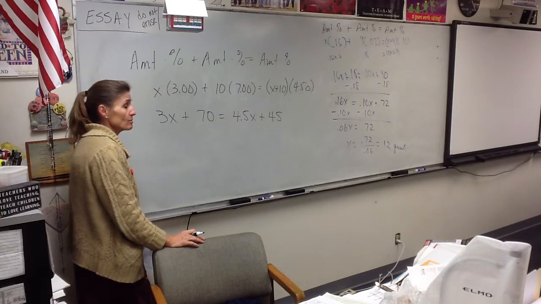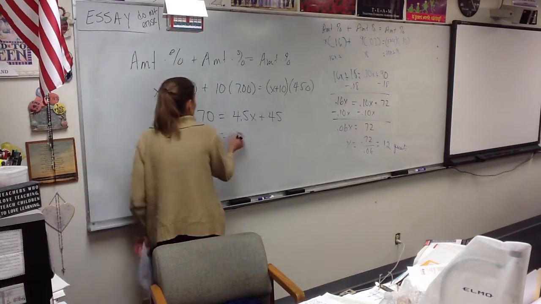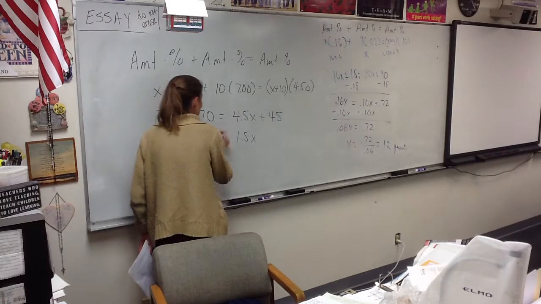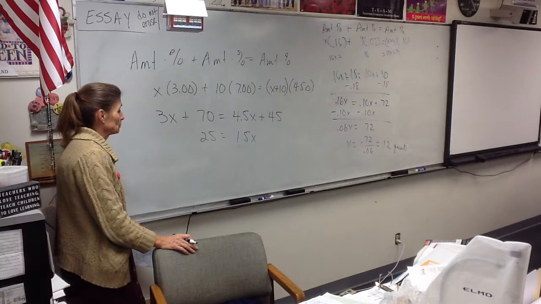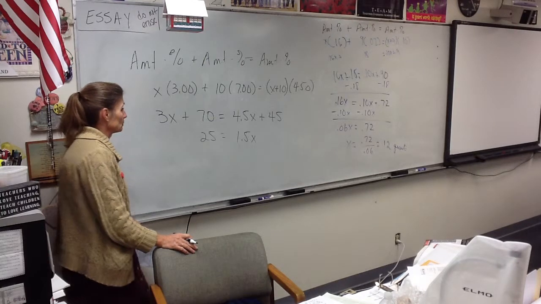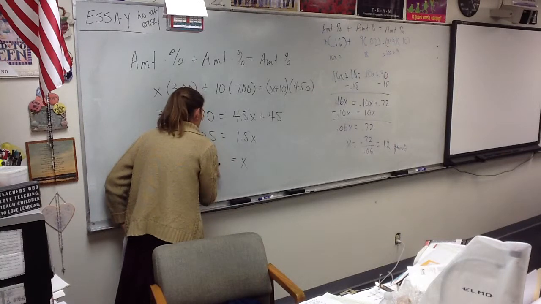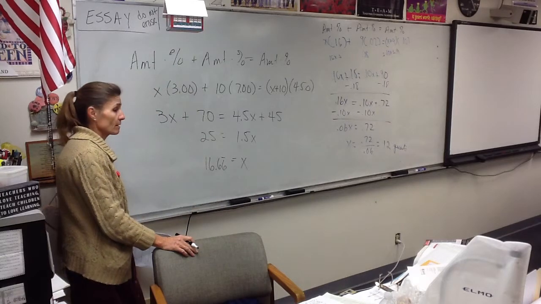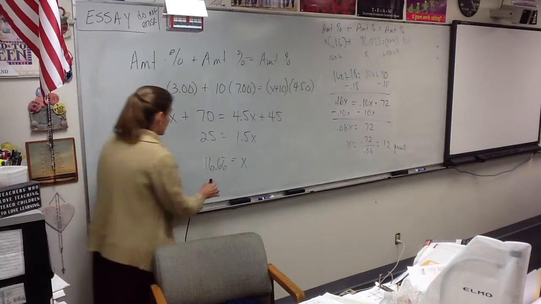I have a calculator. 1.5x equals 25. And what does x equal? 16.66, repeating. And the unit on that would be pounds.